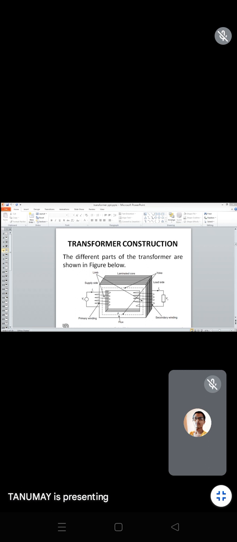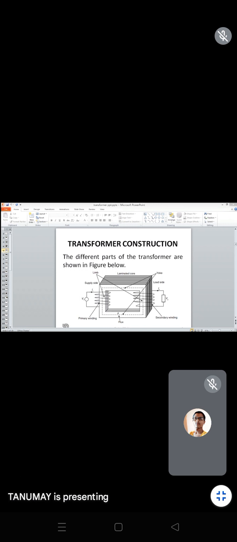As there will be constant magnetic flux, constant current will flow through the primary winding, and within the transformer core a constant amount of magnetic flux will be induced, which will not change with time. So there will be no rate of change of flux. As there is no rate of change of flux, there will be no induced EMF over the transformer secondary winding as per Faraday's law, right?